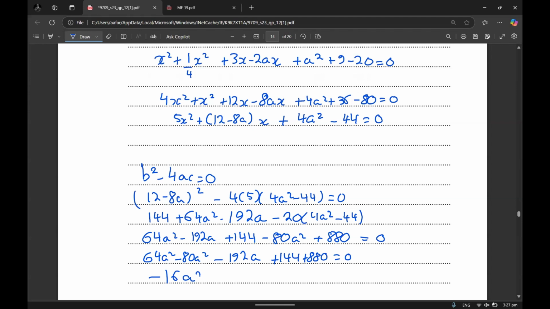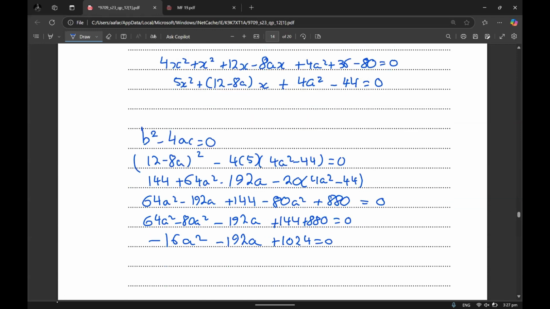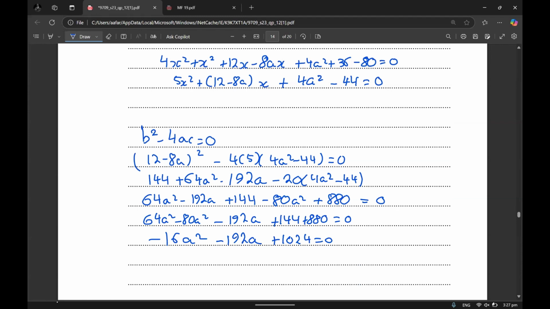Negative 16a square... equal to zero. So it's best to have the coefficient of the highest power positive, so we'll just take minus common.